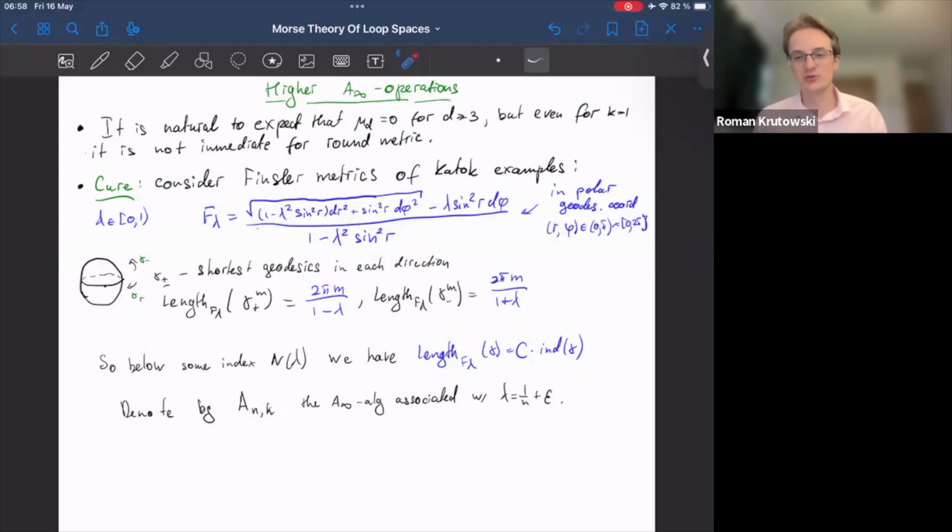So action arguments can buy you something for the round metric. Let's say if you plug in only geodesics of even indices, then infinity operations vanish. But it cannot buy you that when indices of different parities are involved.